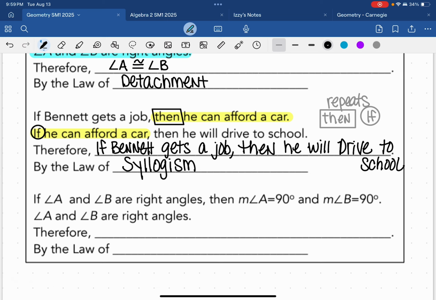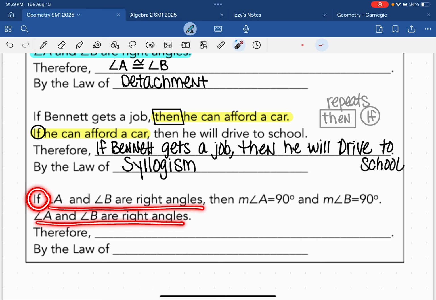If angle A and angle B are right angles, then the measure of angle A is 90 degrees. That's what that means right there. And the measure of angle B is 90 degrees. Angle A and angle B are right angles. So I see, once again, I'm seeing this part repeat. Notice I only see the "if" with it.